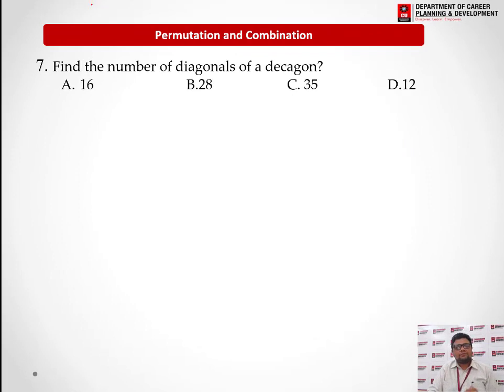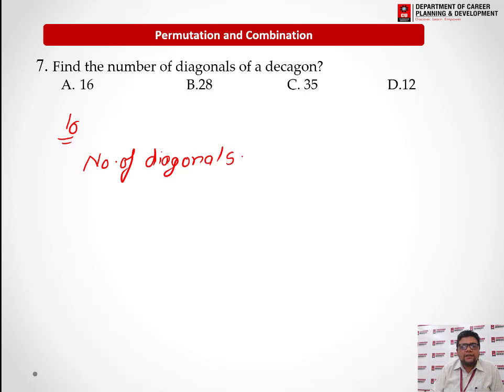Now we are asked to find the number of diagonals of a decagon. How many points are there in a decagon? There are total 10 points. So the number of diagonals will be equal to nC2 minus n, so 10C2 minus 10.